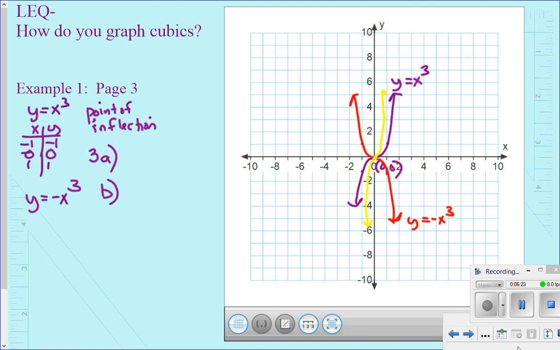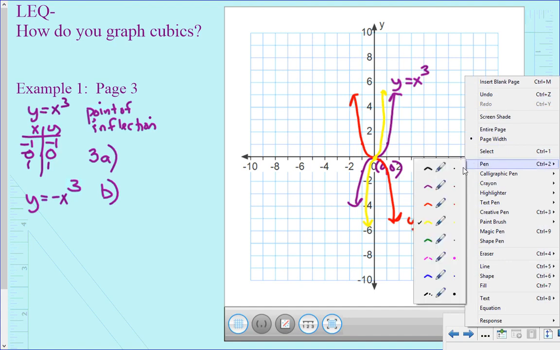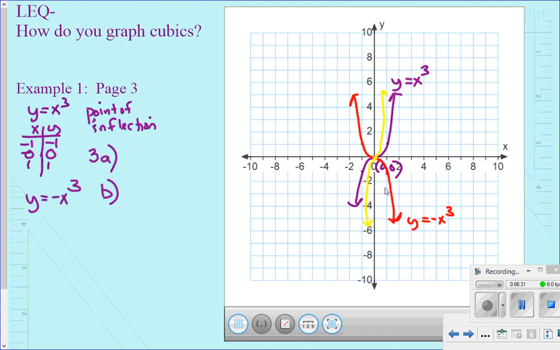Okay, and then a vertically compressed cubic, again, is still going to have that same point of inflection, but is going to be vertically compressed, so it's going to appear wider. That's our vertically compressed graph.